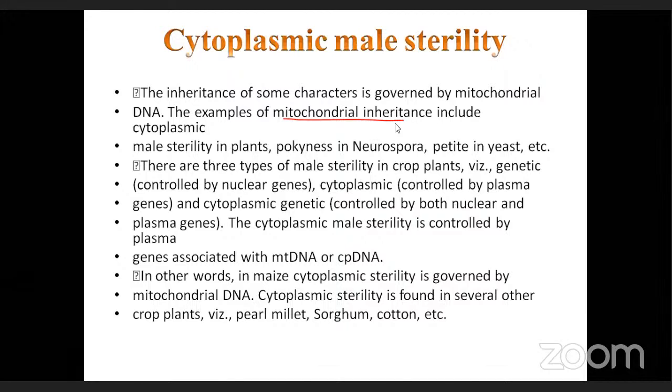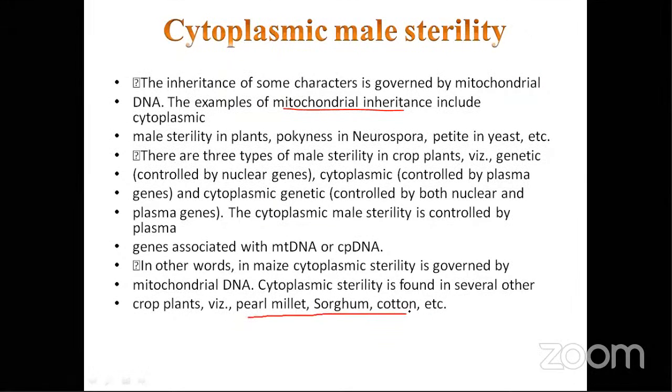So it will decide whether the particular plant will be male sterile or not. Cytoplasmic male sterility is governed by mitochondrial inheritance, and it has been exploited in various crops like pearl millet, sorghum, and cotton.